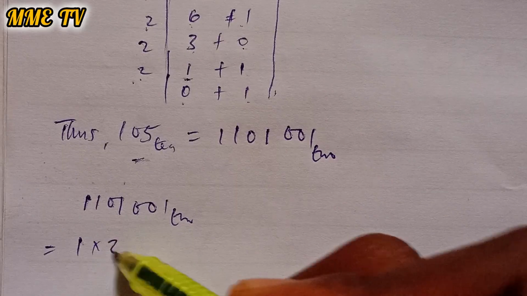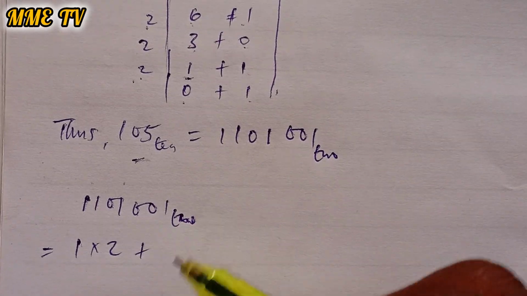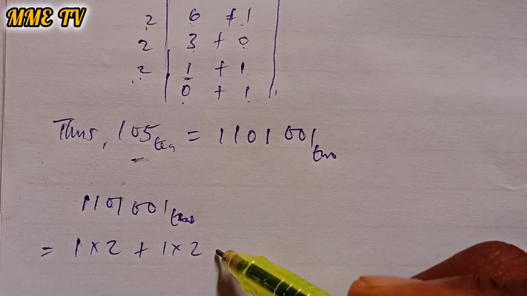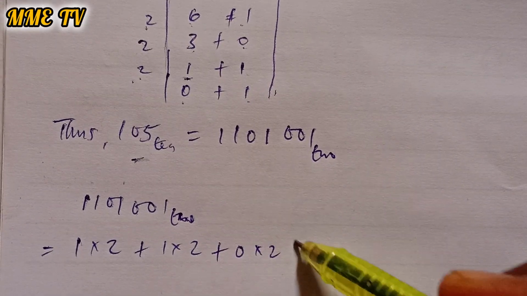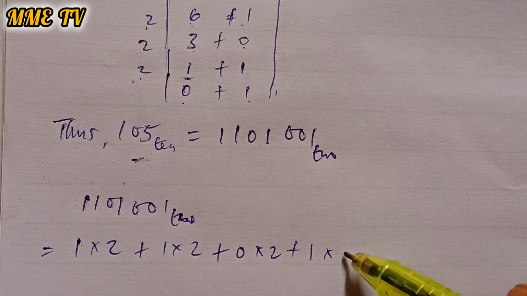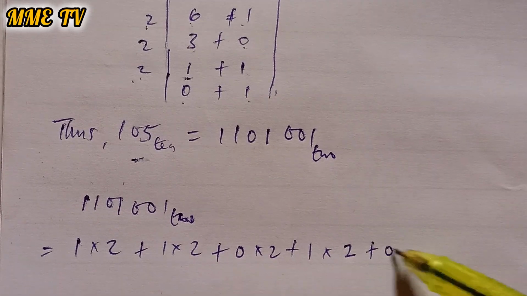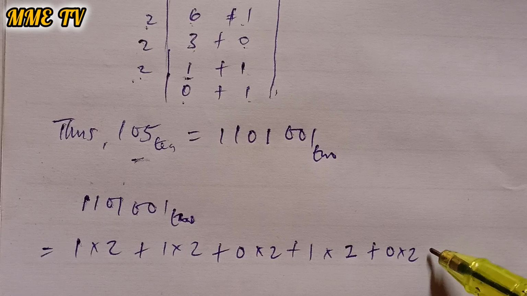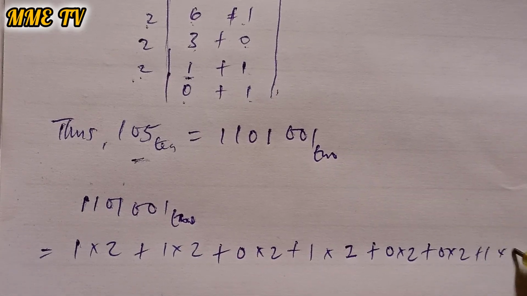1 times 2. Remember, it is in base 2, right? 1 times 2 plus 1 times 2 plus 0 times 2 plus 1 times 2 plus 0 times 2 plus 0 times 2 plus 1 times 2.